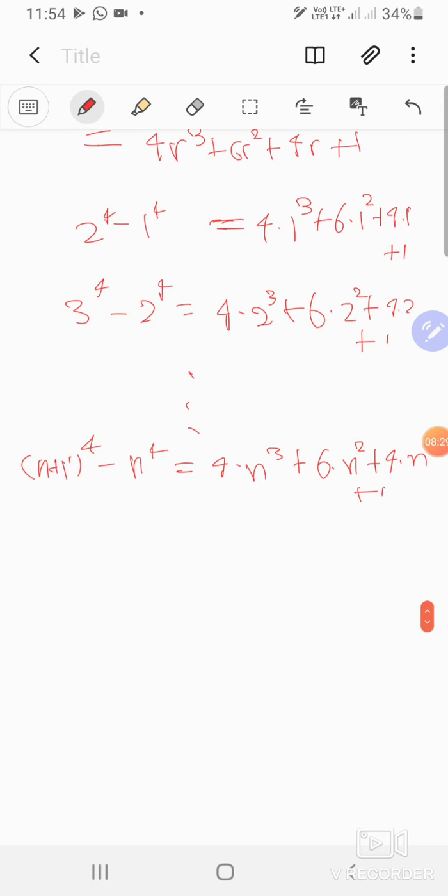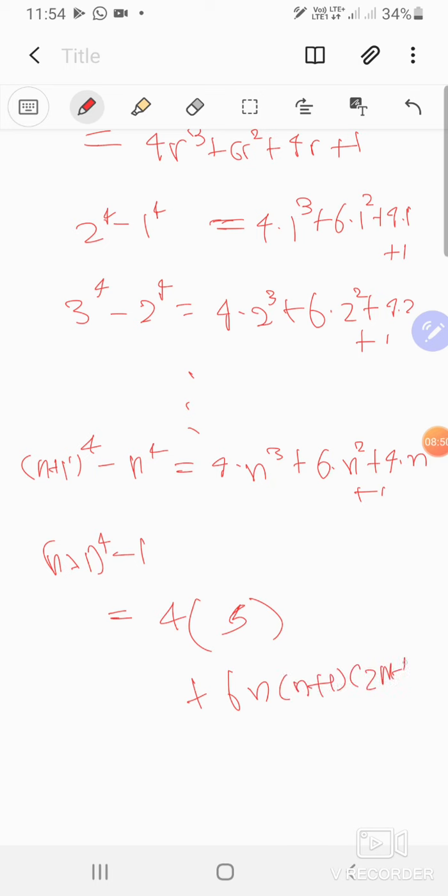I just sum this up, so that will give me n plus 1 to the 4th power minus 1. That is equal to 4 into our sum, right? 1 cubed plus 2 cubed plus 3 cubed till n cubed. So this is our sum s, plus 6 into the sum of the first n squares, which is supposed to be n into n plus 1 into 2n plus 1 upon 6.